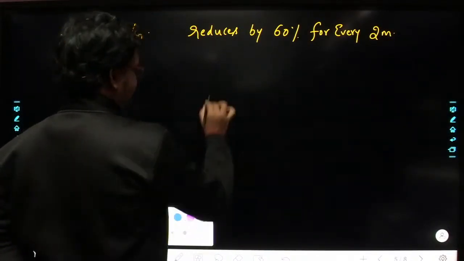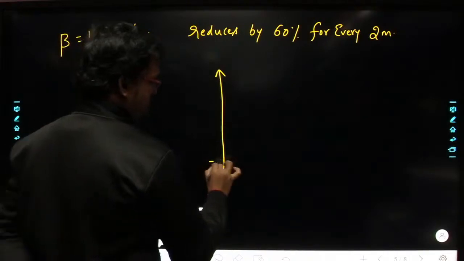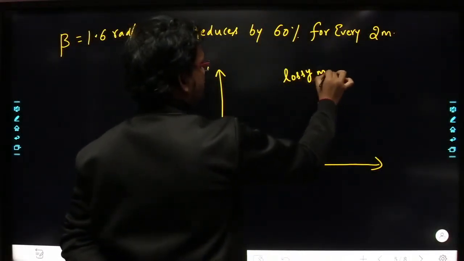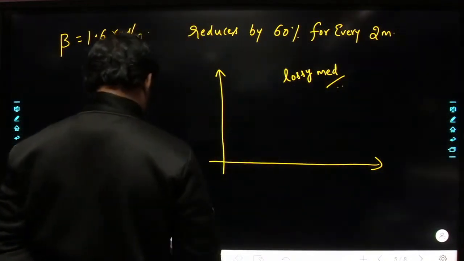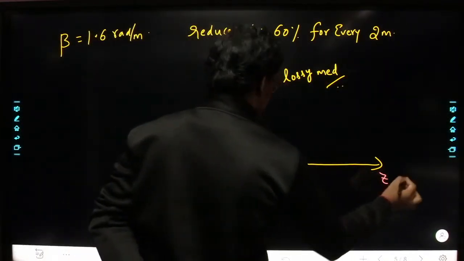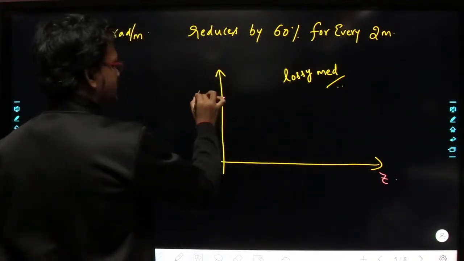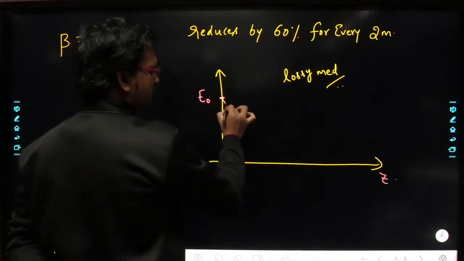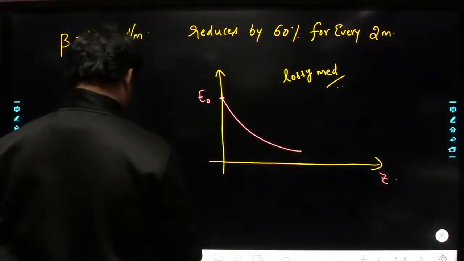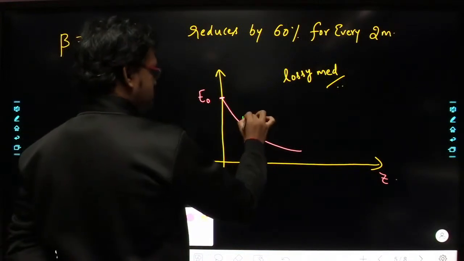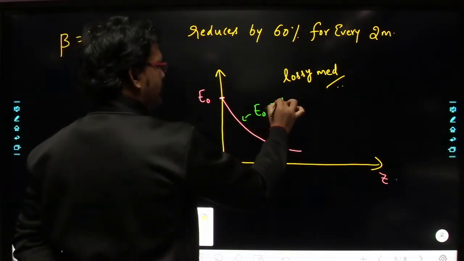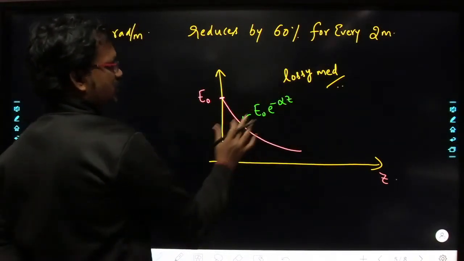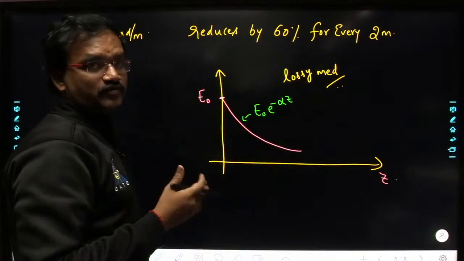Just consider this as a lossy medium. Follow the same procedure. Let us consider this as the z-axis, and the initial amplitude as E0. Whenever the wave propagates in the lossy medium, the amplitude decays exponentially, so that is E0 into e power minus alpha z. They are saying the amplitude is reduced by 60% for every 2 meters.